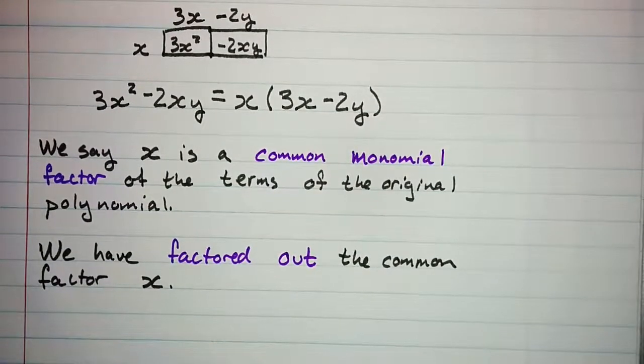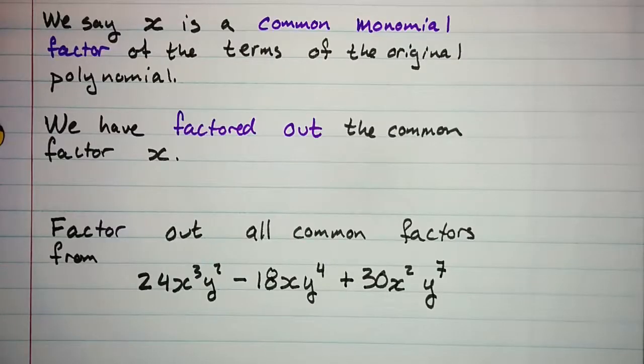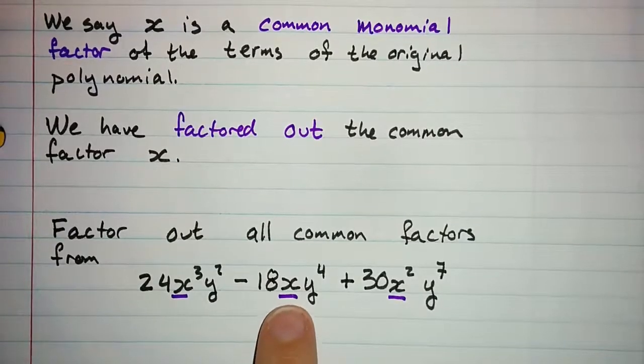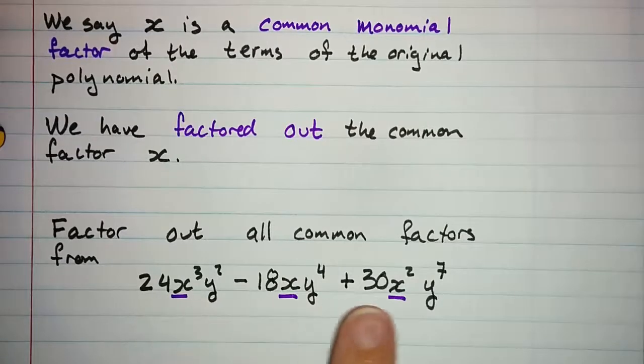Now, ultimately, we're going to want to factor out all common factors from a given polynomial. Suppose we want to factor out all common factors from this polynomial. Well, let's see. I see that x appears as a factor in each term. And furthermore, although x to the first appears here and higher powers appear elsewhere, what's the highest power of x I'm going to be able to divide by?